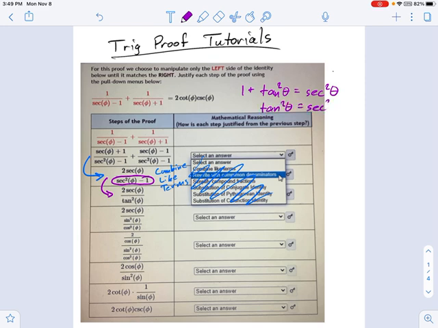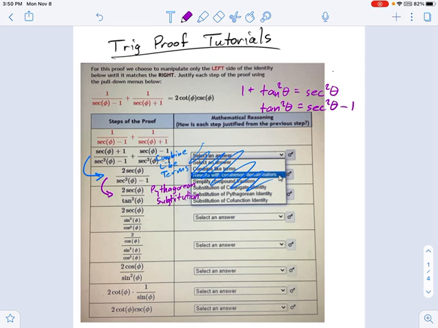Secant squared theta minus 1. So what would I call that? Well, I'm not exactly sure, but I'm guessing we should call that a Pythagorean substitution. Double check the list, see if that's there.